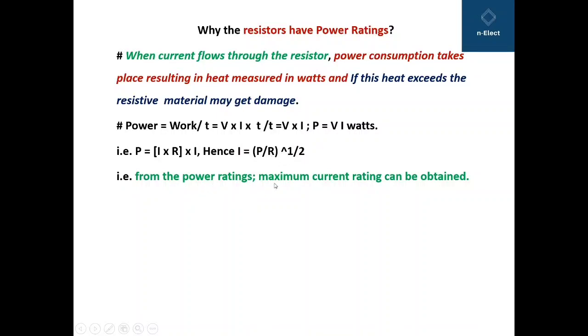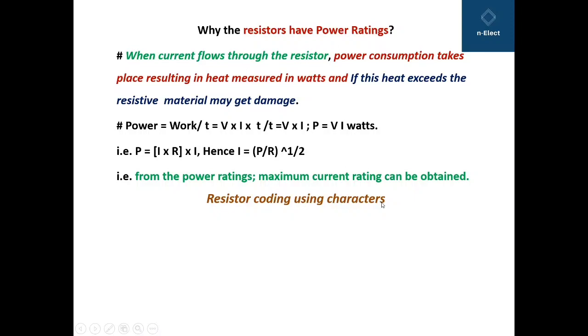From the power ratings, maximum current rating can be obtained. Here you can see this power rating and this current are proportional to each other, because R, the value of resistance, will be constant, so power will be proportional to current. Okay, so from the power ratings, maximum current rating can be obtained.